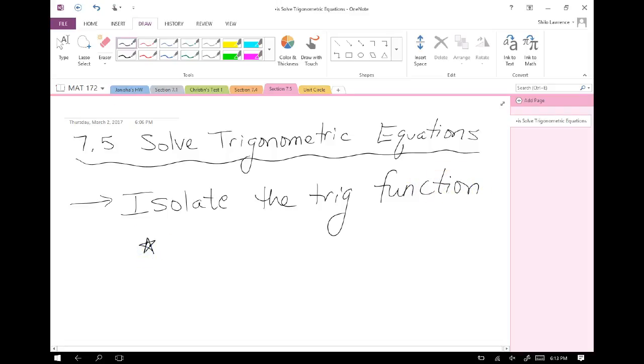We can do this if there's only one trig function in the whole entire problem, just by using opposite operations. We can get rid of addition and subtraction just by moving it to the other side. We can get rid of multiplication just by moving it to the other side. We can get rid of squares by doing square roots. This is when there's only one trig function.